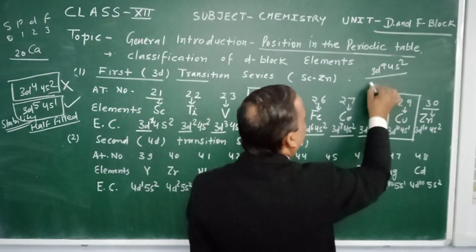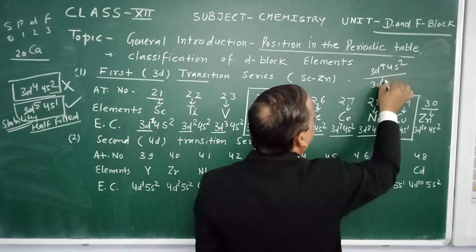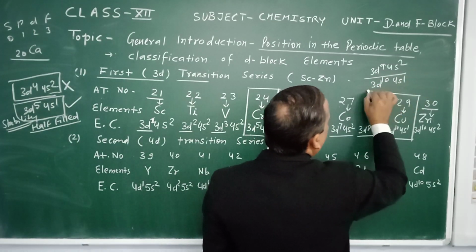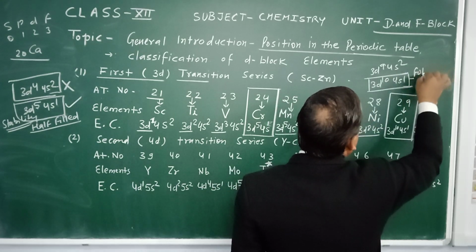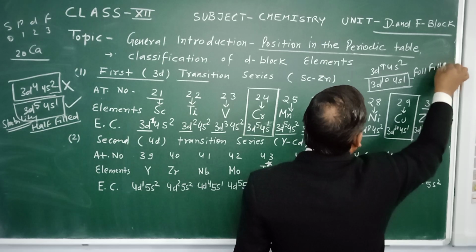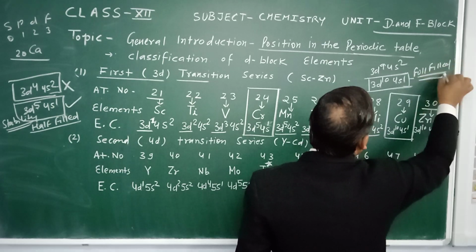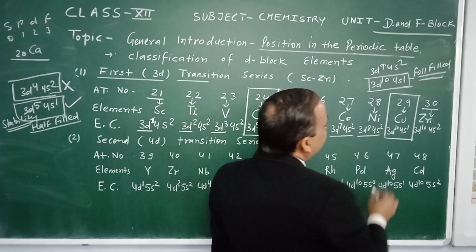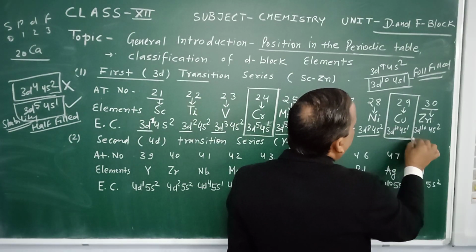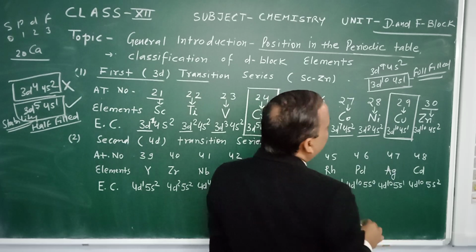But because we get 3d10 4s1 in this condition, this is the completely filled condition of electronic configuration. So it is the stable electronic configuration we have in the case of copper.